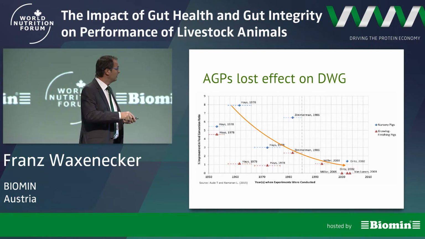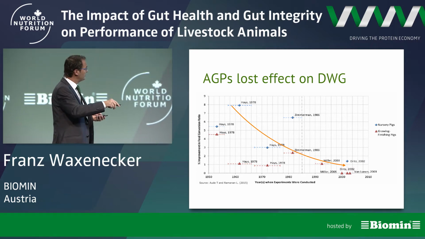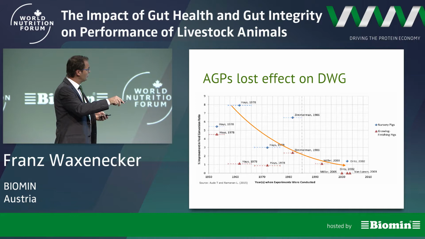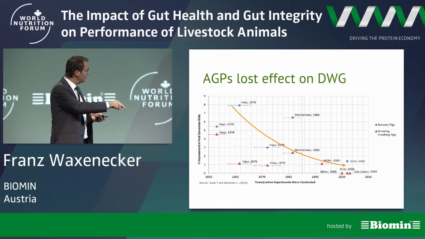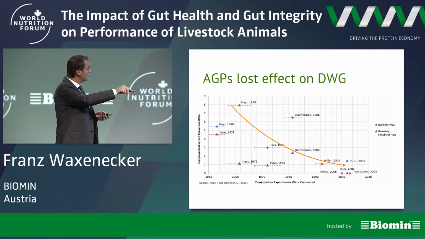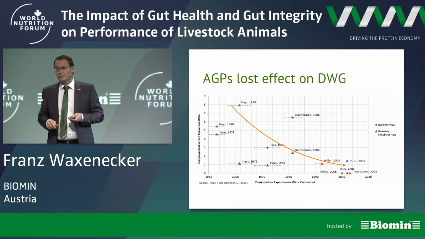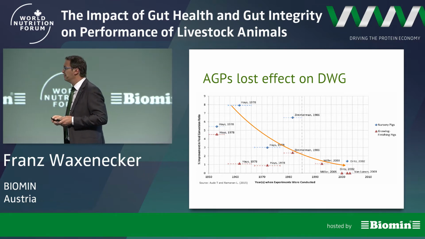In the 1970s and 80s, the potential was to some extent still high, but is permanently going down. And today, after 2000, we don't find any results which show more than 2% improvement.